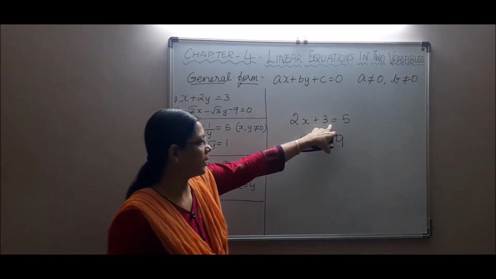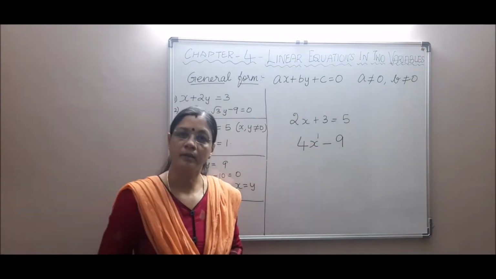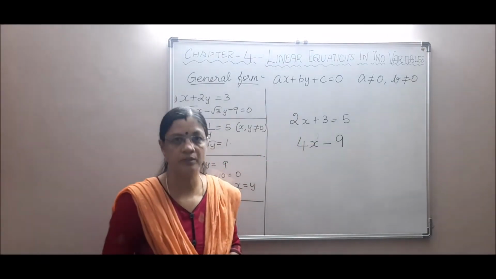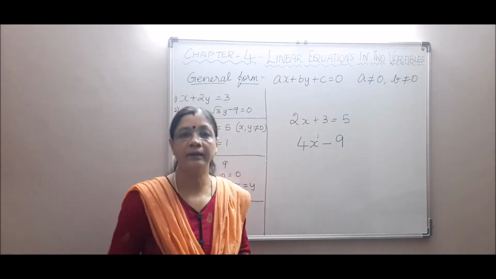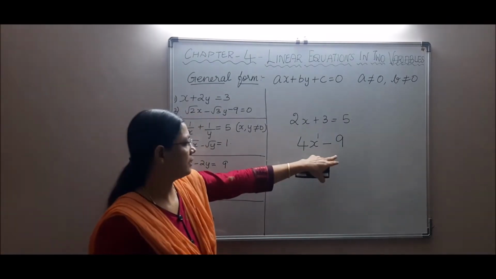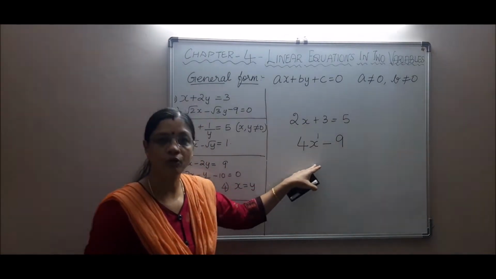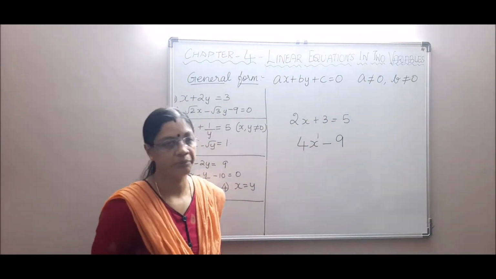And if it is equated to a term or to a constant or to some other expression, this is called an equation. Here we have a linear polynomial of a single variable.